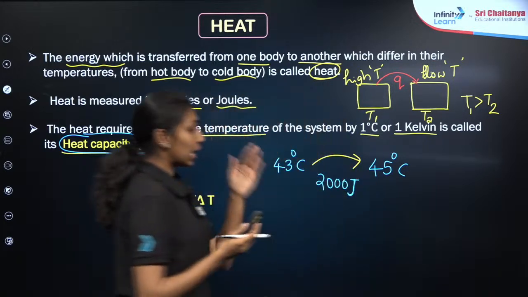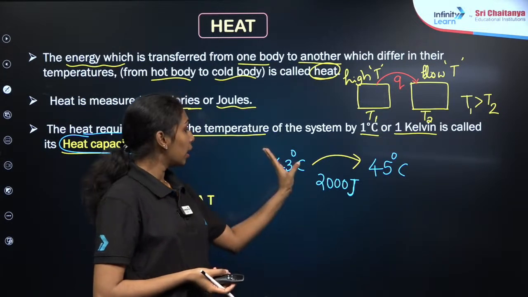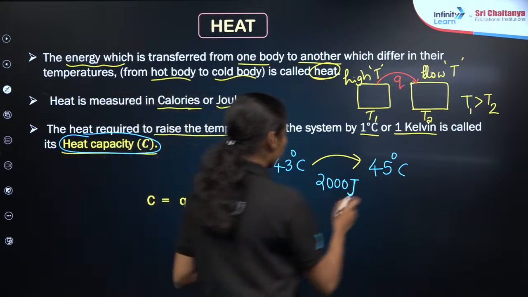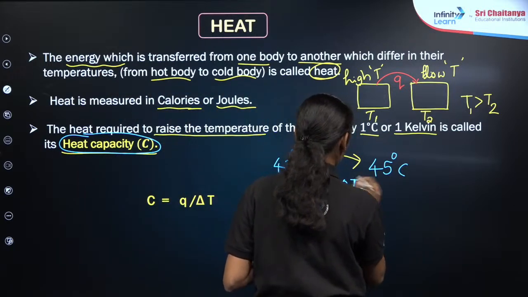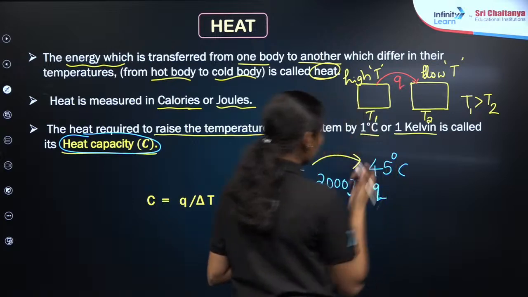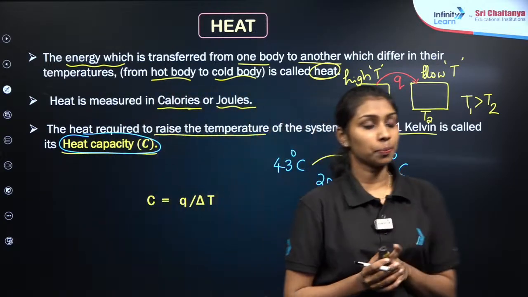If a system at 43 degrees Celsius is changing from 43 to 45 degrees Celsius, it is taking a heat of around 2000 joules, right? So, what will be the heat capacity?